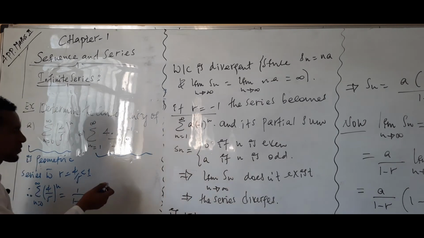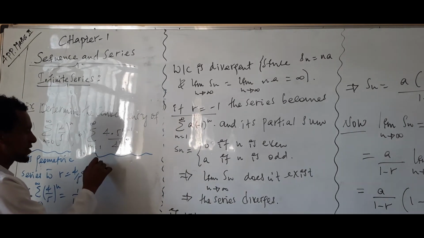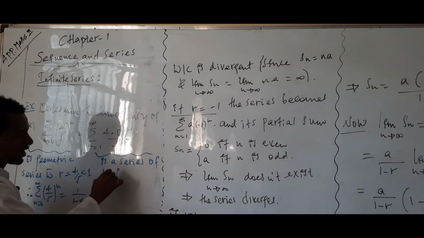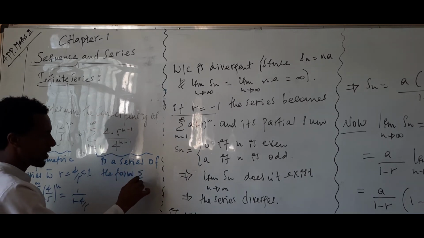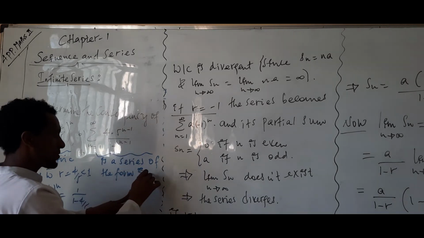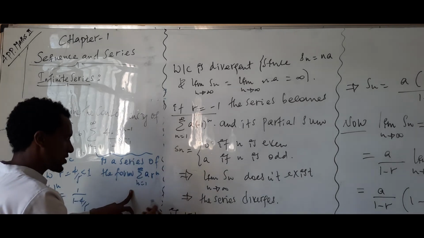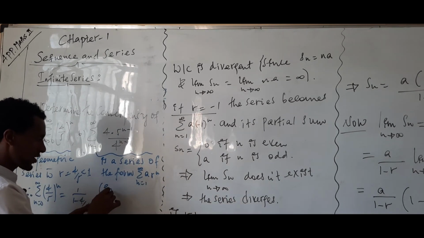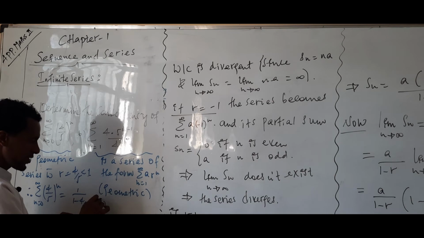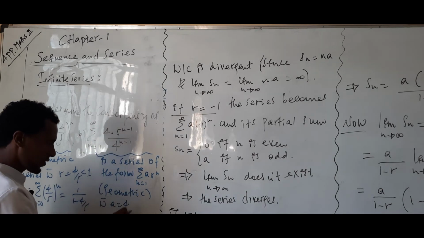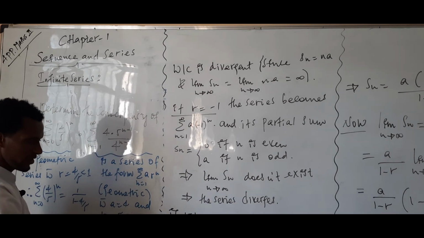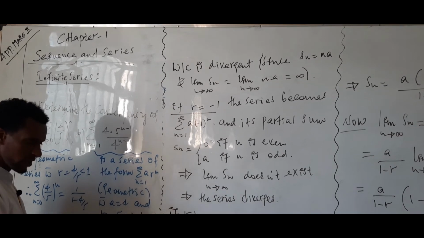This series is a series of the form the sum n from 1 to infinity a times r to the power of n, or geometric, with a equal to 4 and r equal to 5 over 4, that is greater than 1.